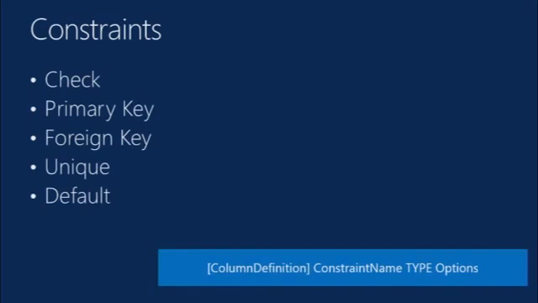I do want to mention one particular option that I think is really important to remember when you're talking about constraints, which is the on cascade. When you're dealing with a foreign key, a foreign key is going to be a column that points to a column in another table. So, for example, my orders are going to point back to customers. What happens if I delete a customer? What am I then going to do with the orders for that customer?